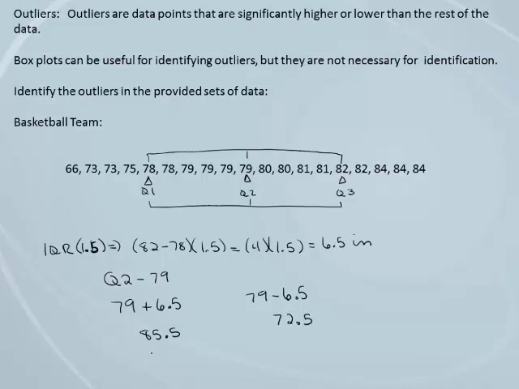Anything higher than this or lower than this is an outlier. But we don't have anyone taller than 85.5 inches. However, we do have someone lower than 72.5 inches. Our 66-inch basketball player here is an outlier.